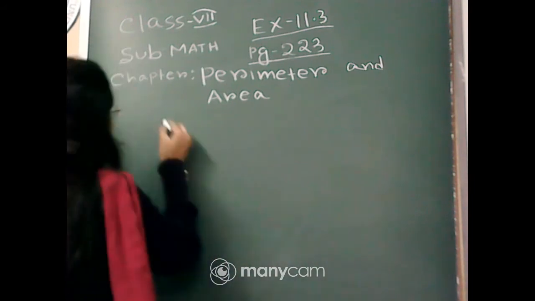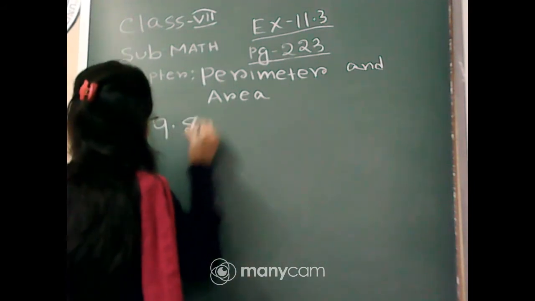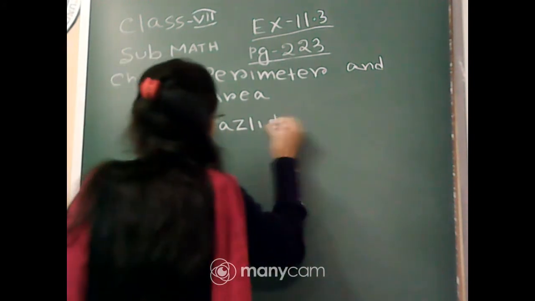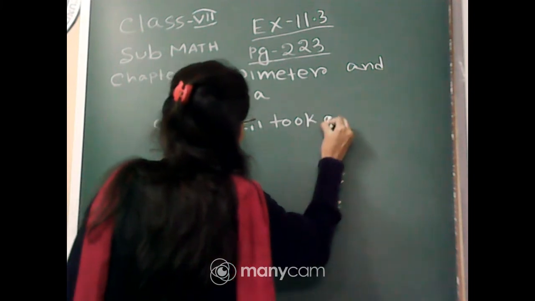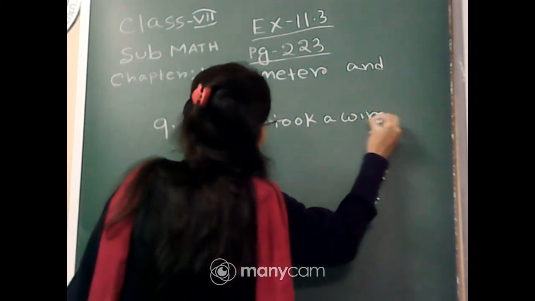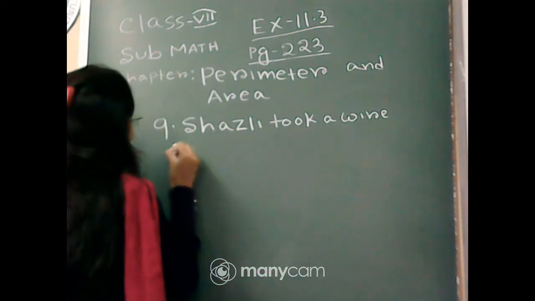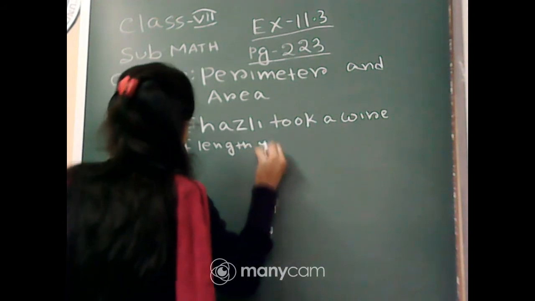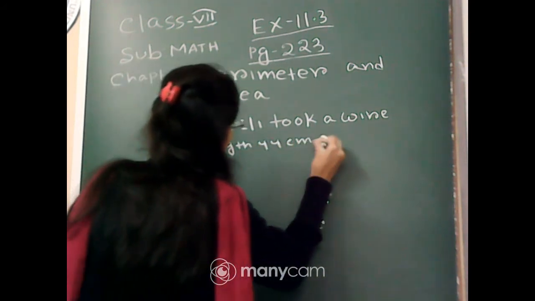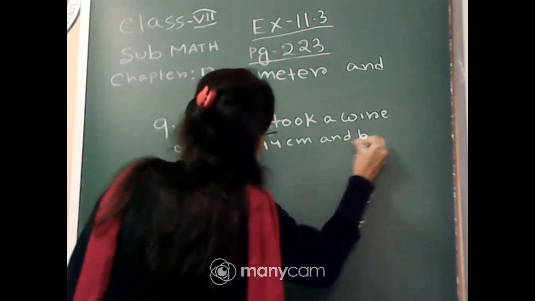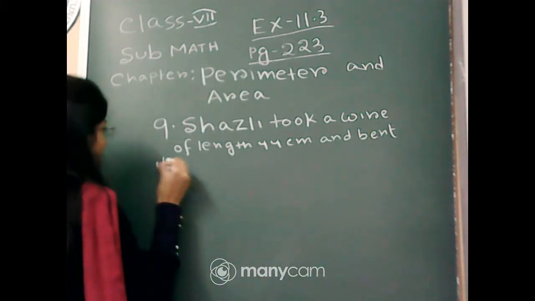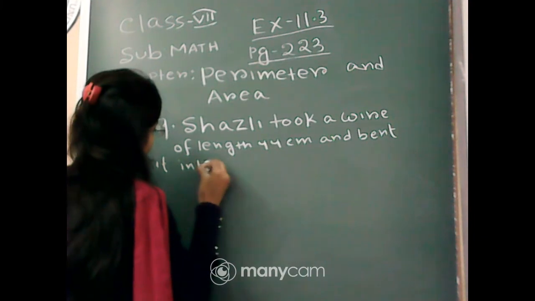Okay. Here it is given that Sajli took a wire of length 44 cm and bent it into the shape of a circle.